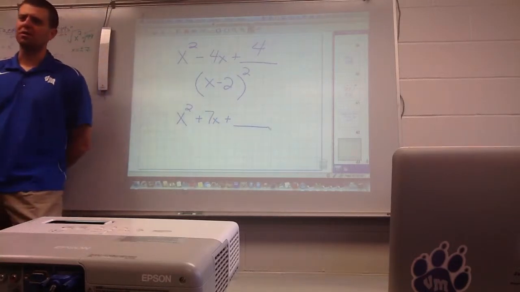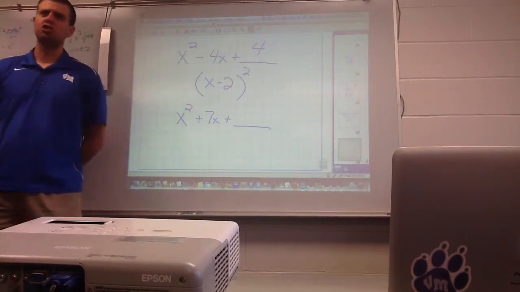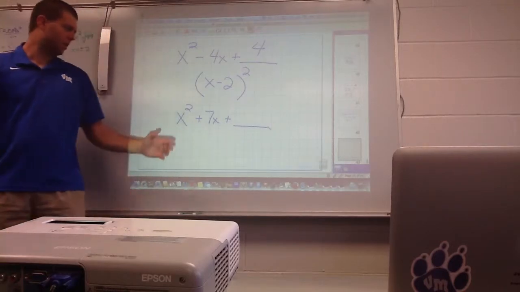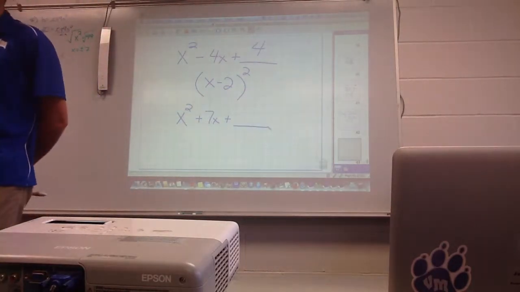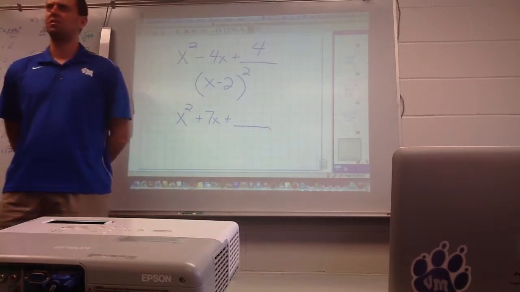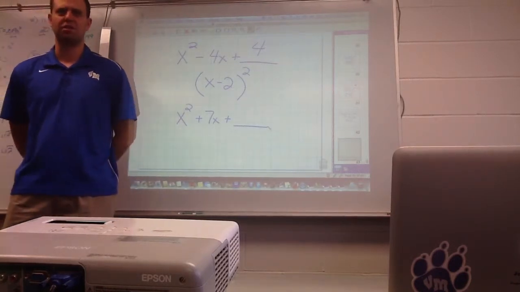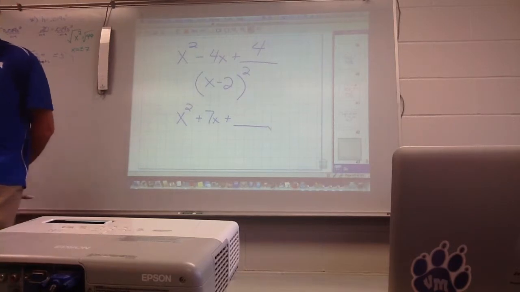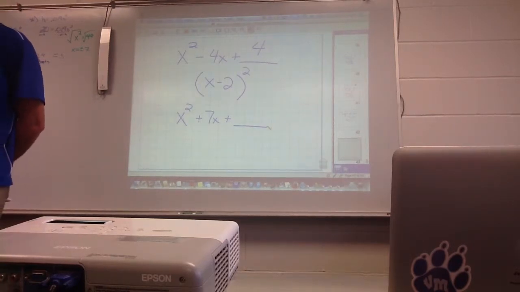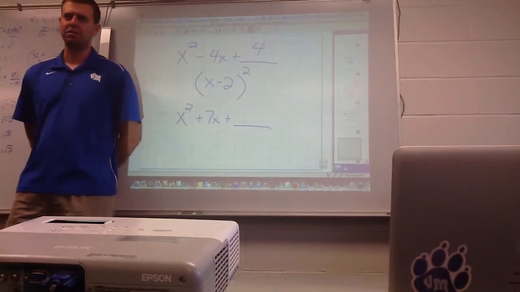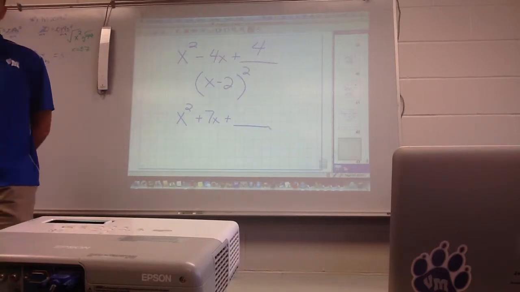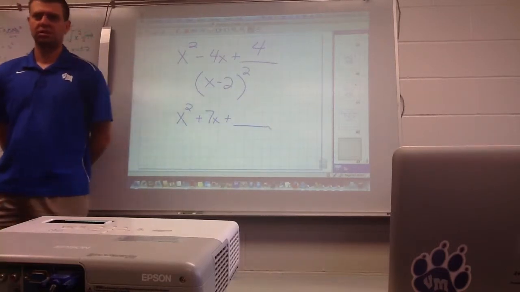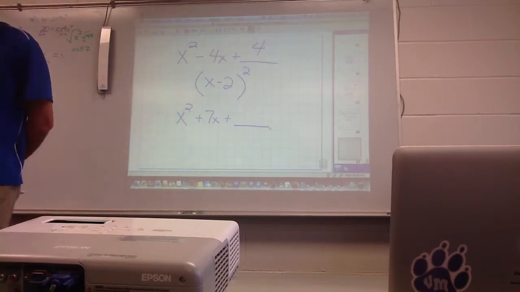Although, I will tell you this, guys, when it comes to solving problems, like if I would set this equal to something and ask you to solve it, you're not going to want to use decimals, because you really can't simplify decimals underneath radical symbols, because when you square root both sides, you're not going to be able to do that very well. So you're going to want to use fractions. 12 1/4, or actually improper fractions, which would be 49/4.